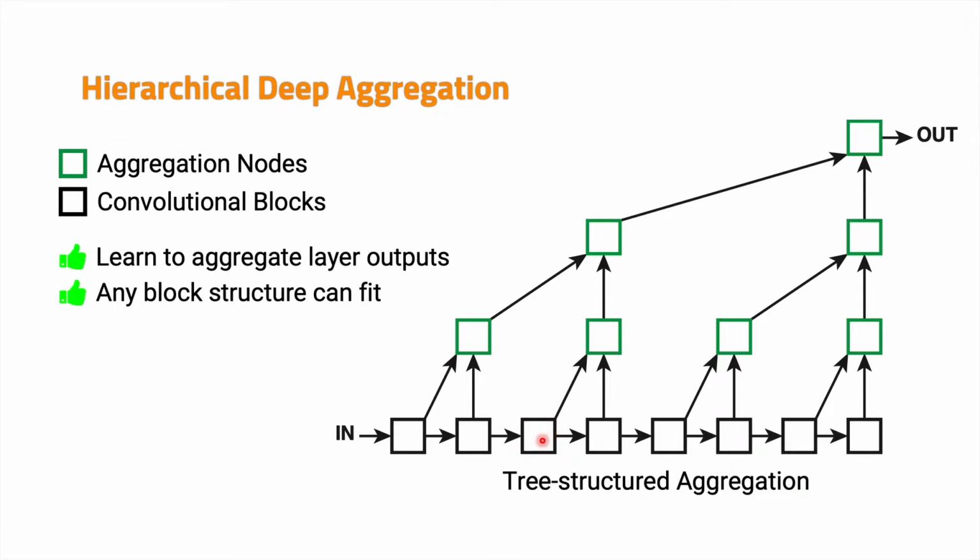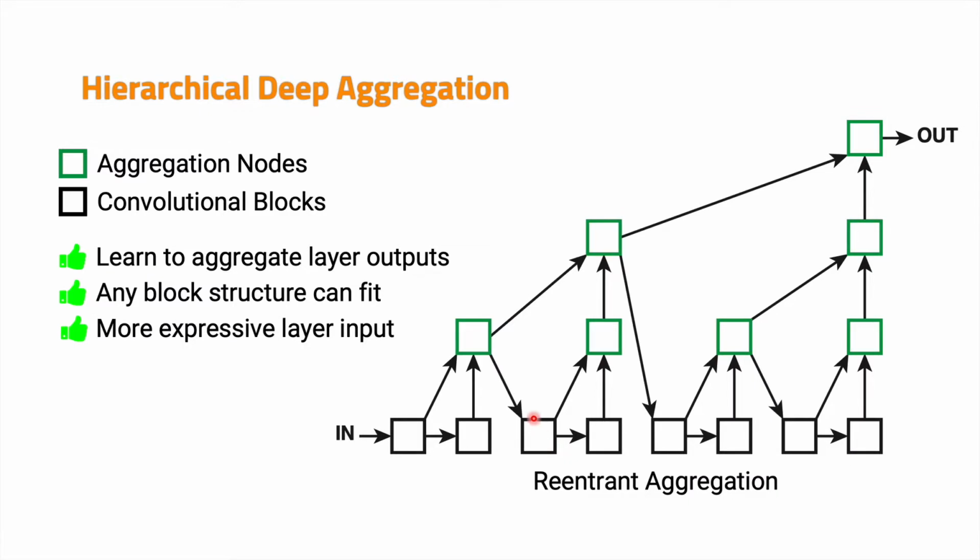So why don't we take what we call reentrant aggregation, which means that instead of taking the output from the previous convolution block, we take the output from the previous whole subtree, and the same for this block as well. Then the input for this block becomes more expressive because it has already been aggregated from the previous layers, and the longest path becomes deeper.